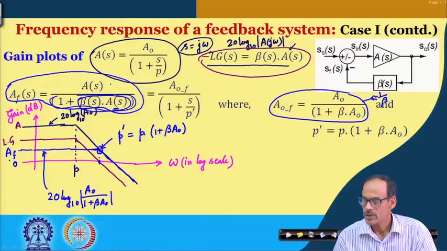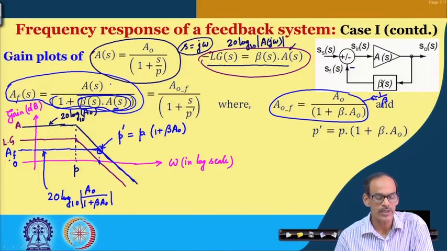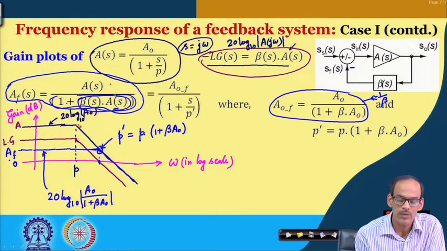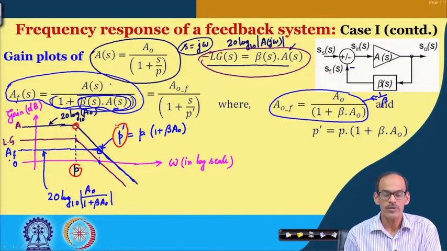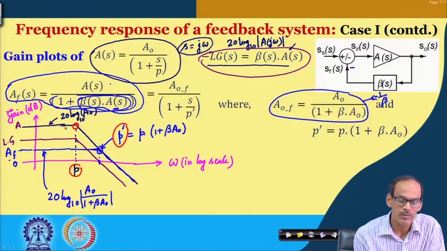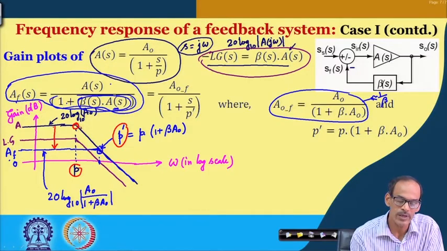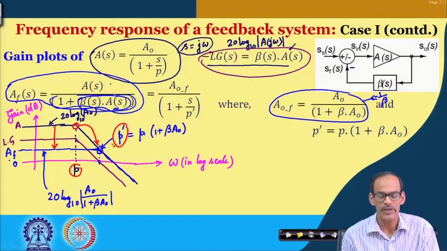So, in conclusion, in the forward amplifier we have a pole here, P. That pole is getting shifted to P dash. Apart from the amplifier gain dropping from this level to this level, there is also the consequence that the pole is shifted from P to P dash.